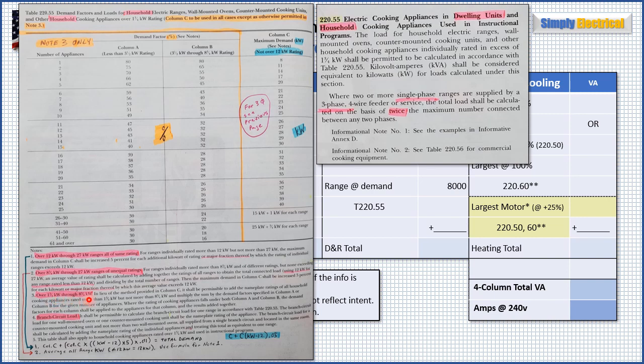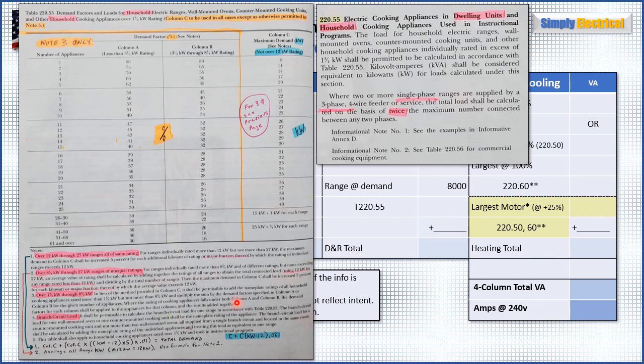All right, in lieu of the method provided in column C, which we just talked about, it shall be permissible to add the nameplate ratings of all household cooking appliances rated more than 1 3/4 kW, but not more than 8 3/4 kW, and multiply the sum by the demand factor specified in column A or column B for the given number of appliances. Where the rating of cooking appliances falls under both column A and column B, the demand factors for each column shall be applied to the appliances for that column and the results added together.